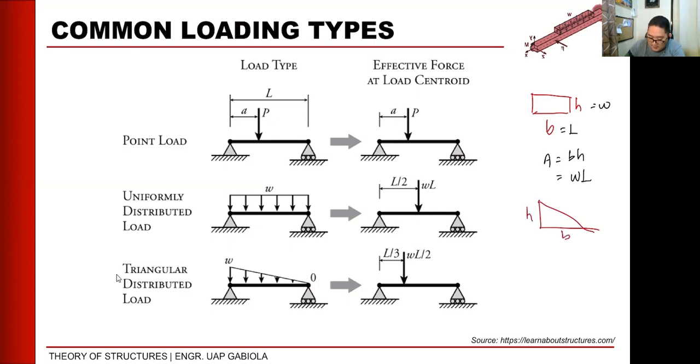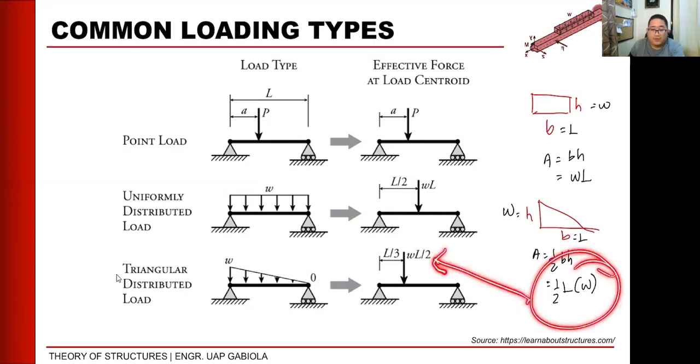Okay? Ano, ang area ng triangle is 1/2 base times height. Okay? So, ang base natin, again, is yung L, yung height natin is yung W. That is 1/2 L times W, or the same as this one, WL/2.